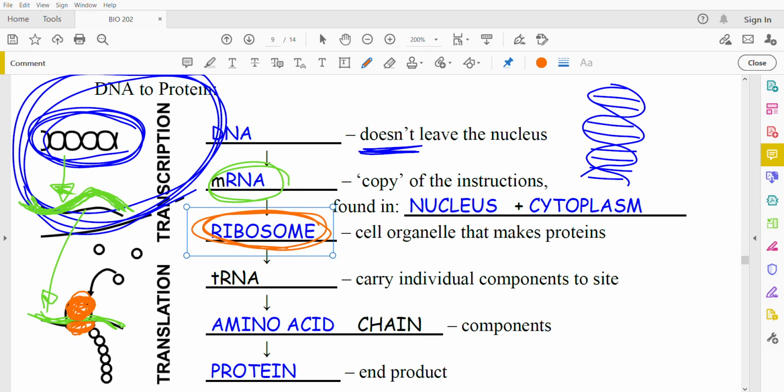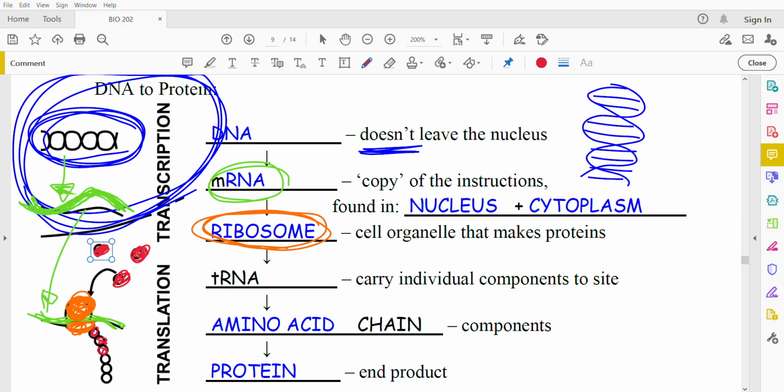And RNA goes through it, and with each three bases of an RNA, we bring in an amino acid. So these are individual amino acids. And as we find a match for an amino acid that matches with three bases in the RNA, it gets added to this chain that we see here.